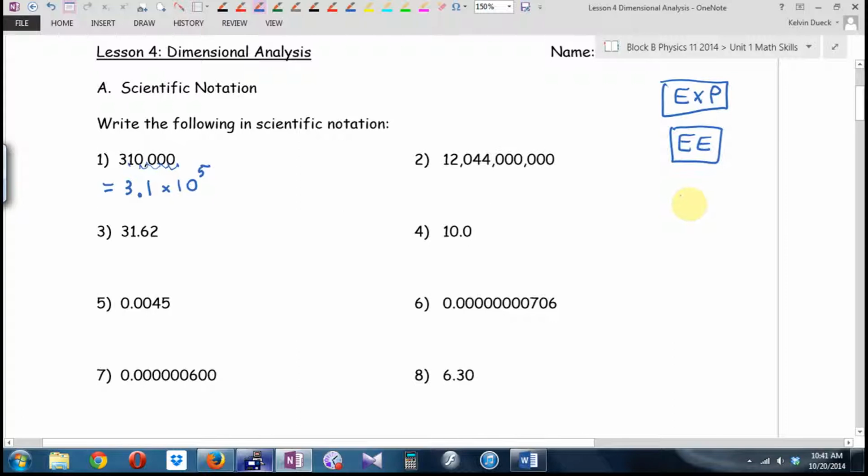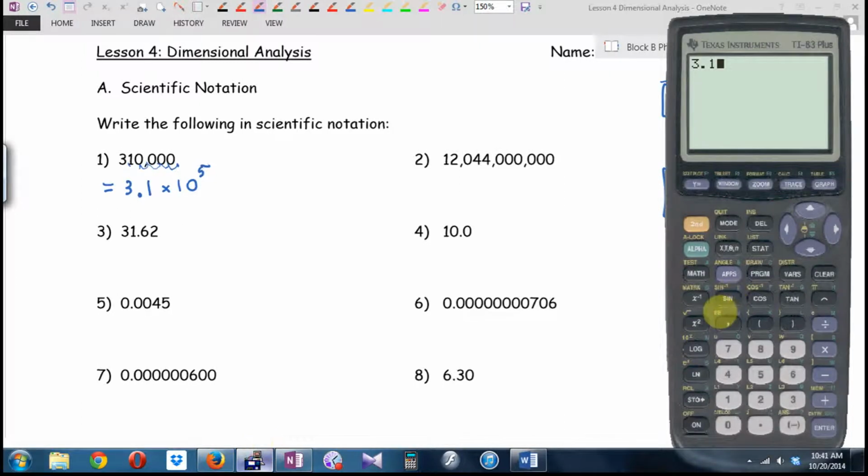It may look like a times 10 to the X button. Alexa, on ours, it's right there, and it's in yellow, so it's going to be second function, comma. Okay. Find your scientific notation button, and if you can't, now is the time to ask me, and I have to help you find it.